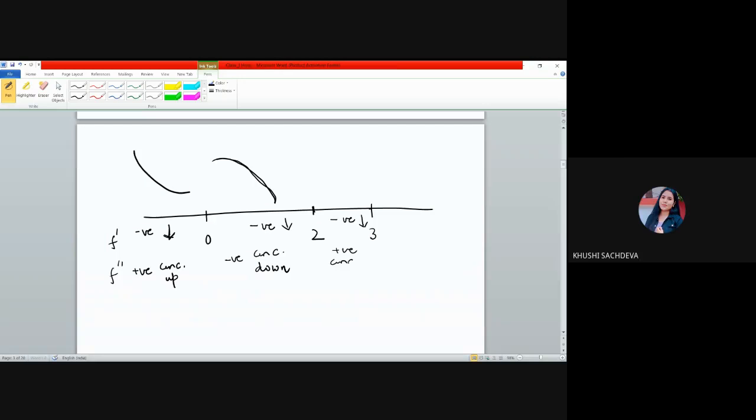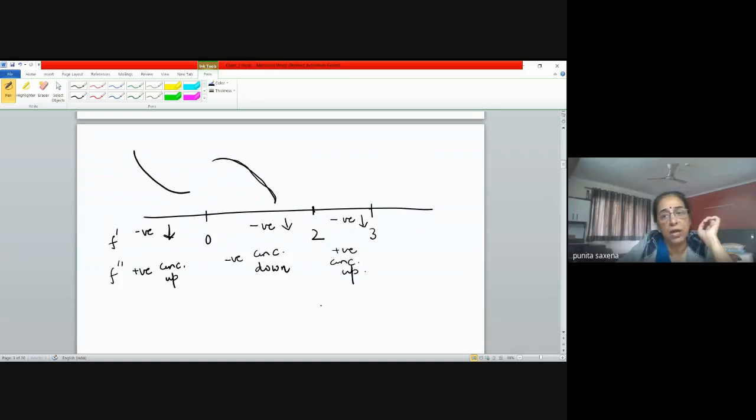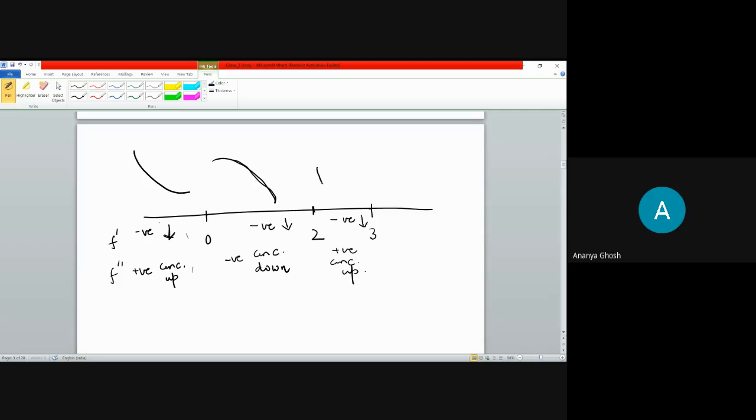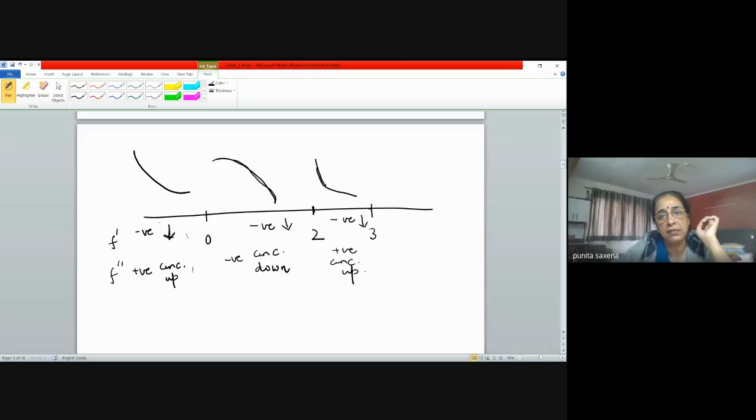Concave up. So it's going to be concave up. तो अब जो जैसा माइनस इंफिनिटी से 0 था, वैसा ही अब 2 to 3 पे हो जाएगा. सेम हो गया ना, नेगेटिव एंड कनकेव अप, नेगेटिव एंड कनकेव अप. So that means it's going to be again like this, something like this.